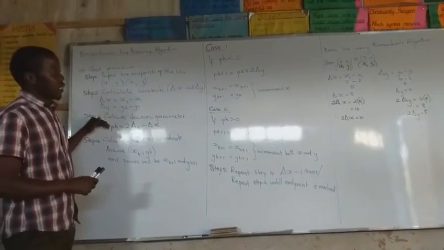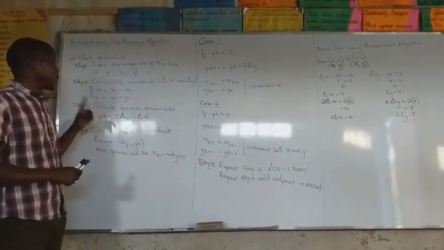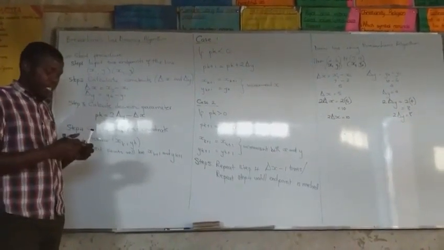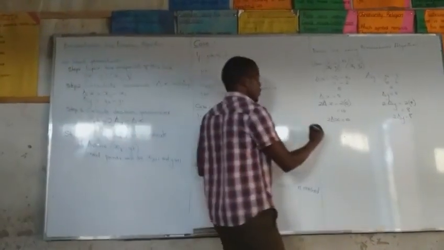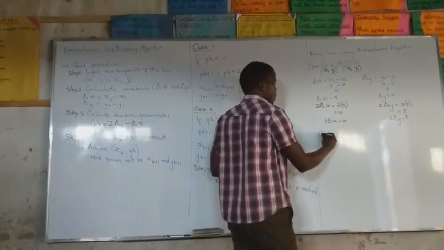Step number 3, we are now calculating the decision parameter. Let's assume pk is our decision parameter.